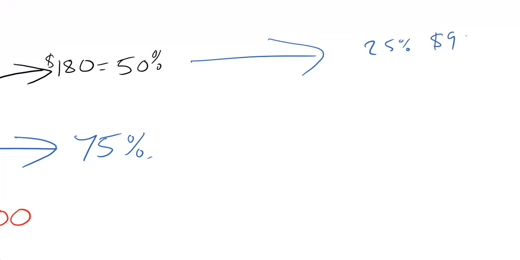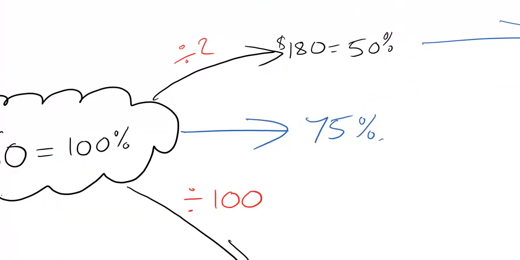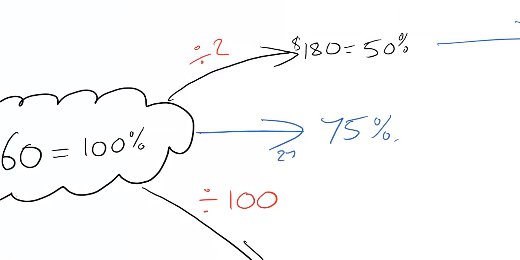So that's 90. And if I add a 50% and a 25% together, I'm going to have my 75%. 75% is 270.